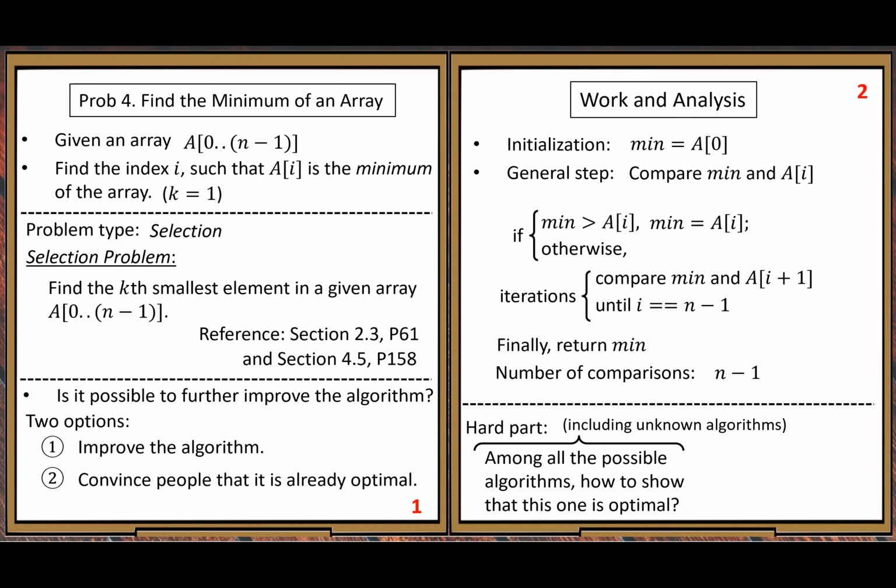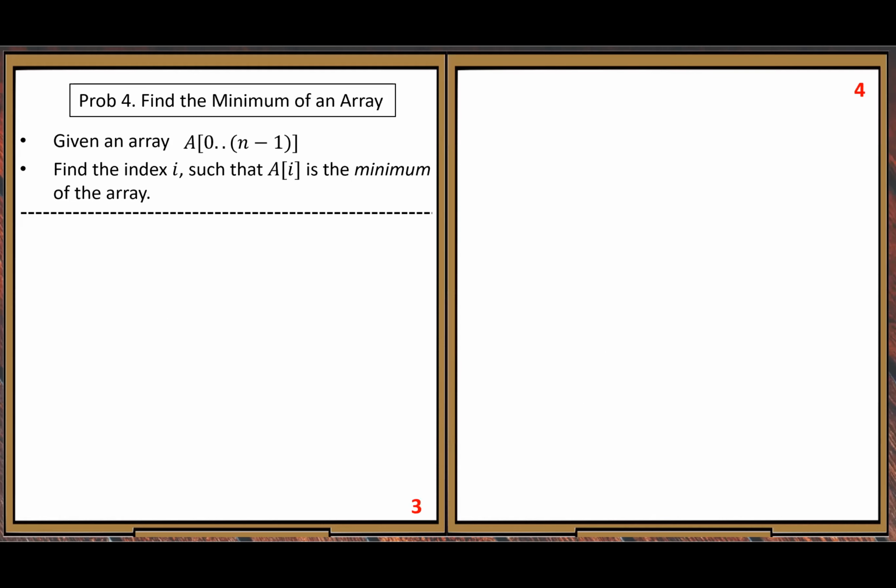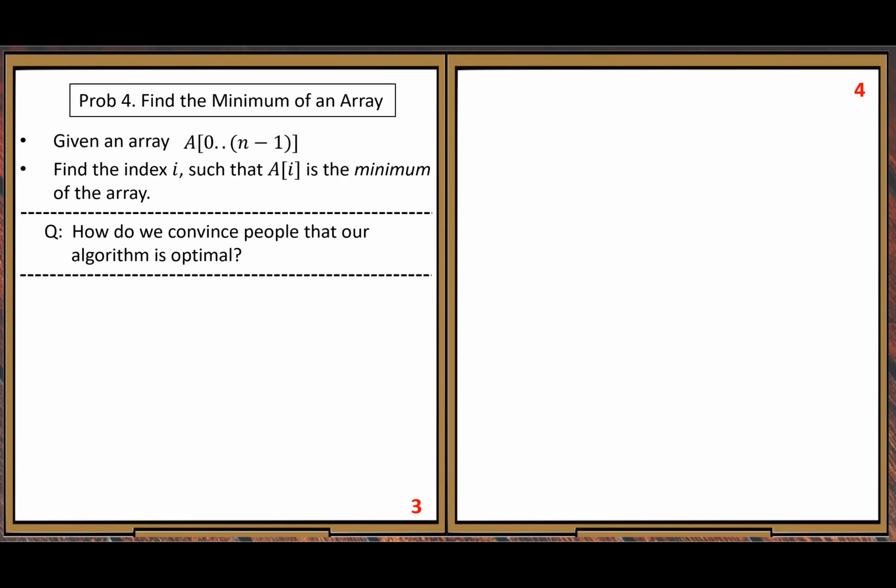People have not developed those algorithms, right? Unknown algorithms. But you need to consider unknown algorithms. How difficult it is. But we can. There is a way to do it. We can.